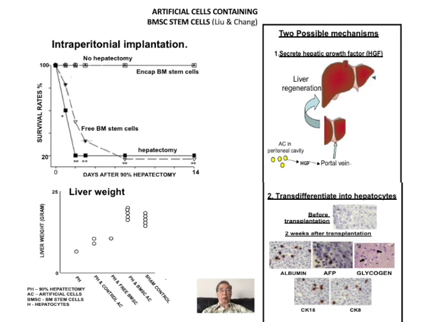One is that implanted into the peritoneal cavity, the hepatic growth factor is drained at high concentration into the portal vein, resulting in liver regeneration. The second mechanism is transdifferentiation into hepatocytes to carry out liver function. But this takes time, and sufficient transdifferentiation only happens in 2 weeks. So this cannot explain the recovery within the first weeks. Most likely it is for long-term possible use.